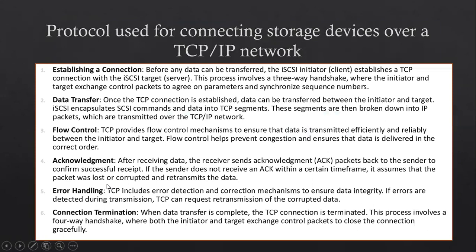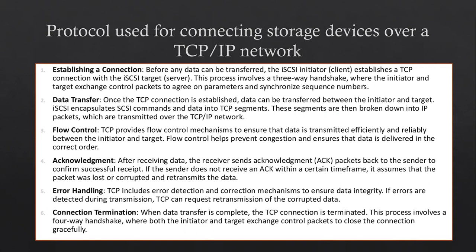This is explained here. Mainly this protocol helps in establishing a connection before data can be transferred. The iSCSI initiator establishes a TCP connection with the iSCSI target, means from the server. This process involves a three-way handshake where the initiator and the target exchange control packets to agree on parameters and synchronize sequence numbers.